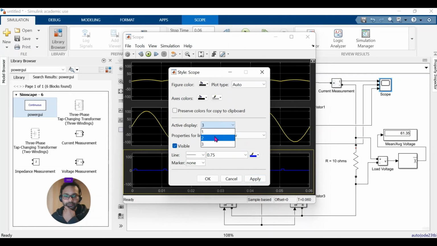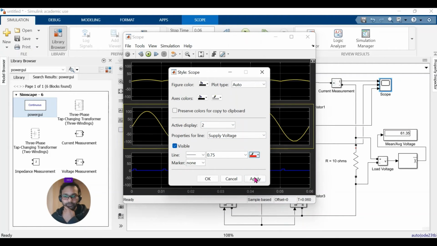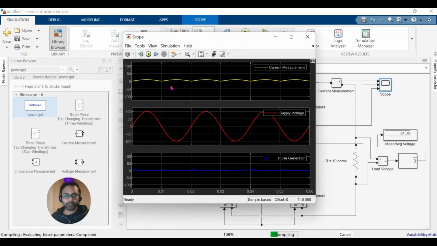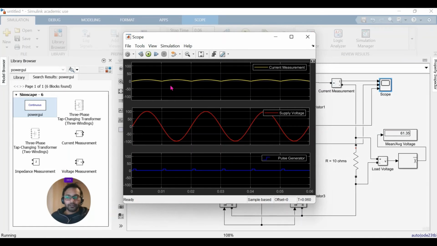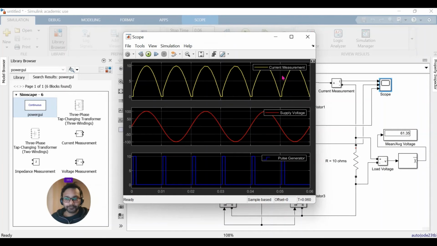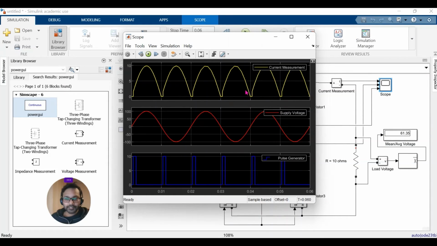Okay, I have to apply it, right? And the last thing is turn on the legend. Okay, now so this is the output, the current, and this is the supply voltage and the pulse generator output.